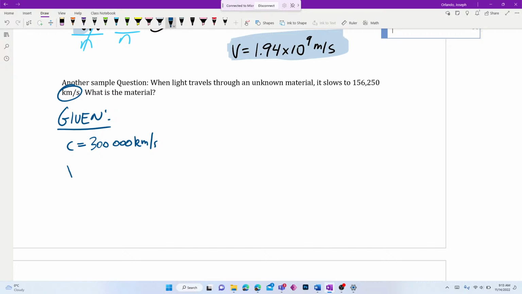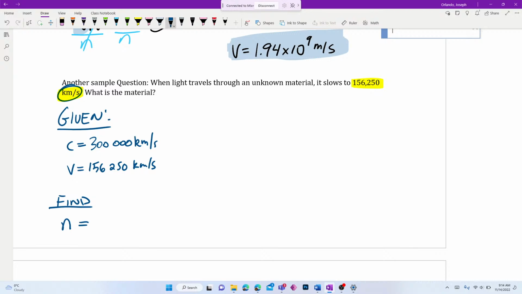And we know V in this case, which is 156,250 kilometers a second. And we could find what the index of this thing is. Because if we find the index, we could then just look at the chart and see which of our materials it is. Does that make sense?